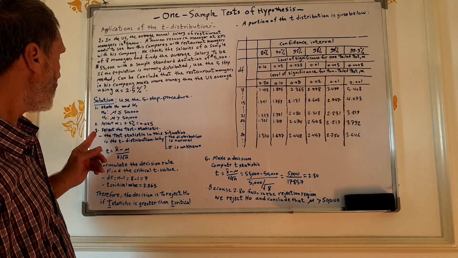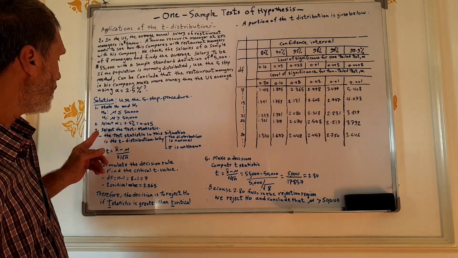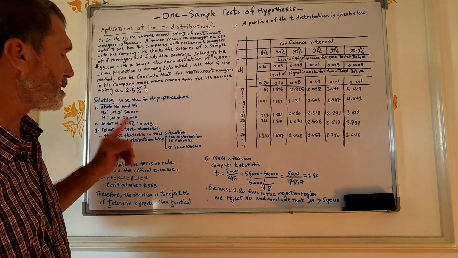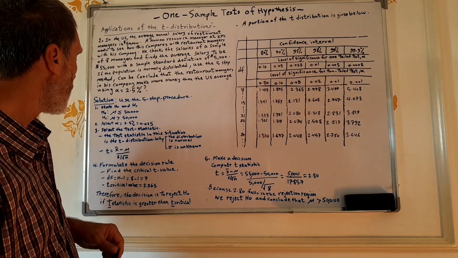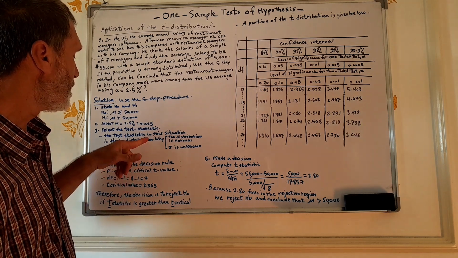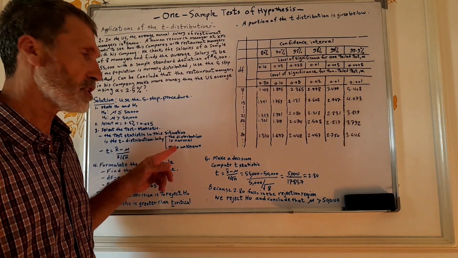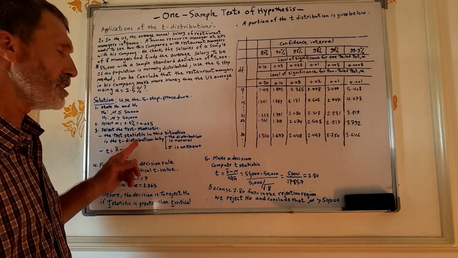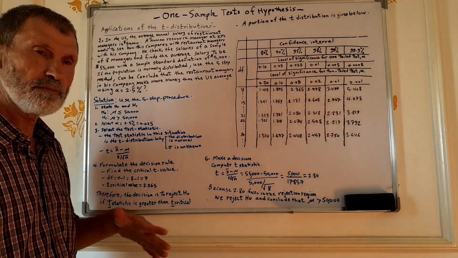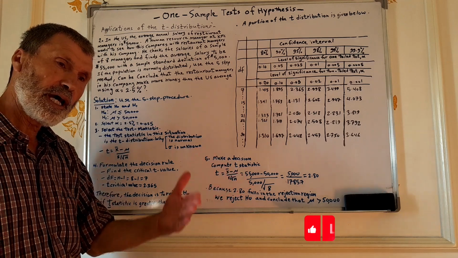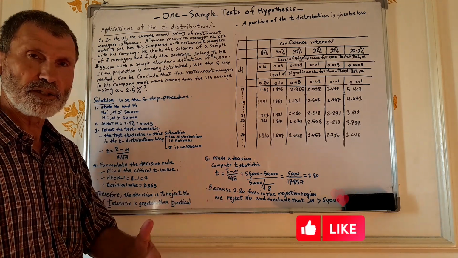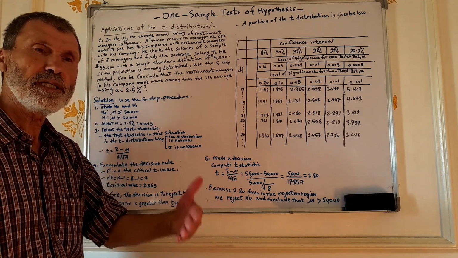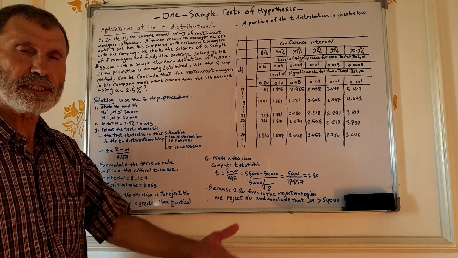The third step is to select the test statistic. Now, the test statistic in this situation is the t-distribution test. Why? Because we have a normal distribution and sigma is unknown, so we use the t-distribution, the t-test.